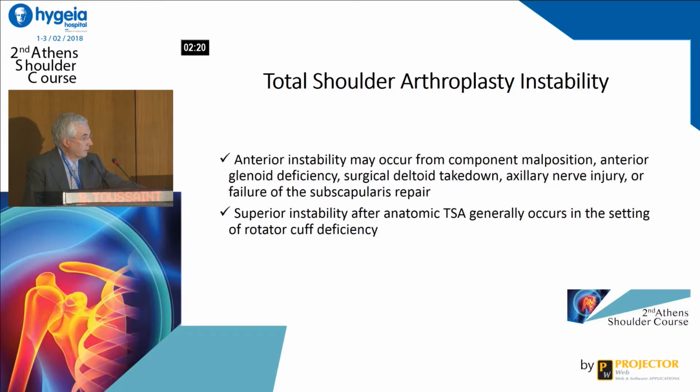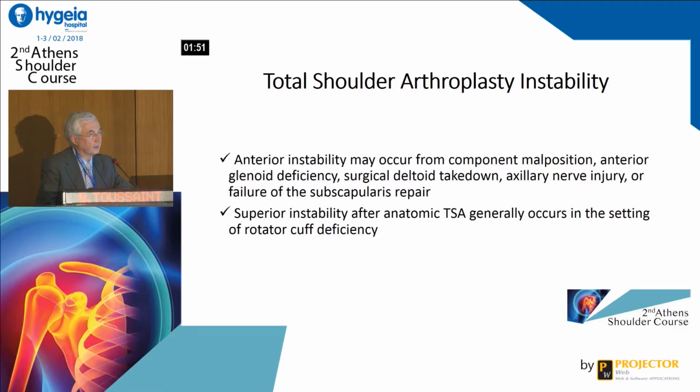Total shoulder arthroplasty instability is a good chapter in the complications of shoulder arthroplasty. Anterior instability depends on component malposition, anterior glenoid deficiency, surgical deltoid takedown, axillary nerve injury, or failure of subscapularis repair.